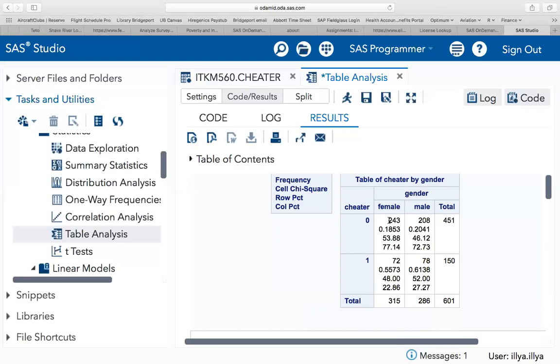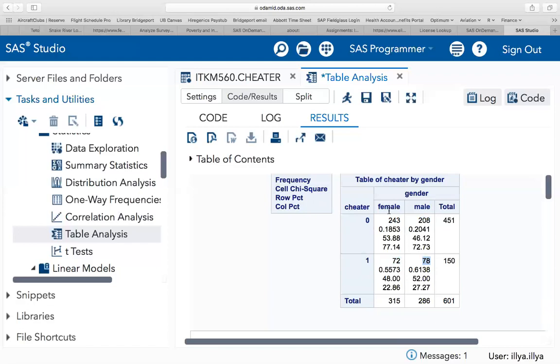So in other words, there's 243 females that don't cheat. This is cheater 0. This is female. There are 208 males that don't cheat. 72 females that cheat. 78 males that cheat.